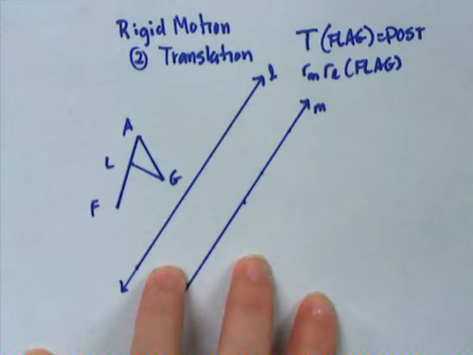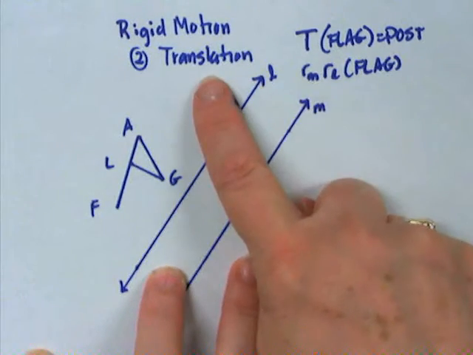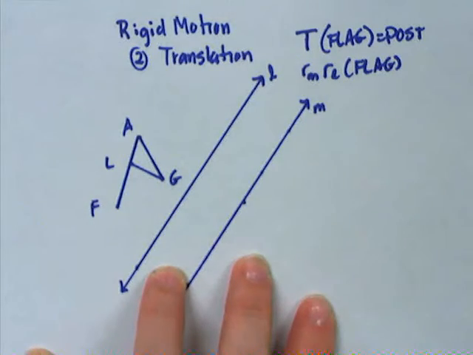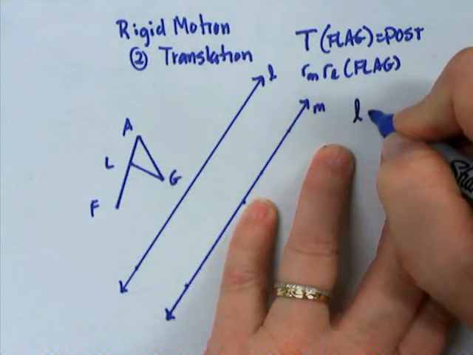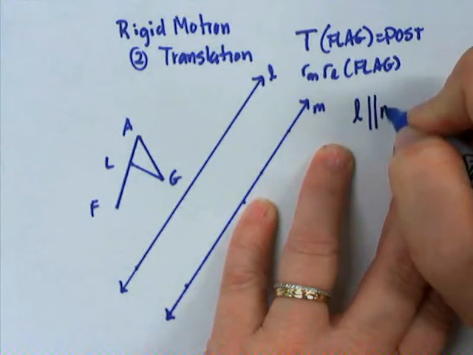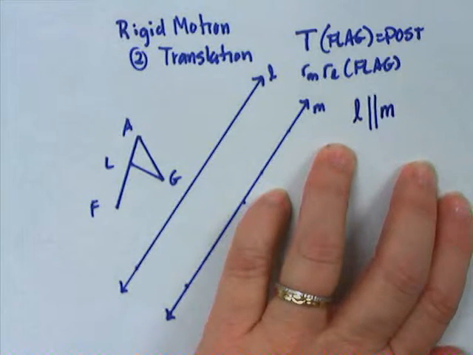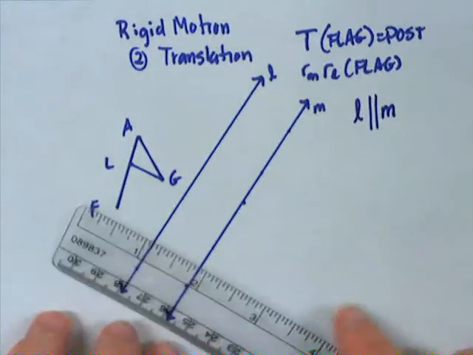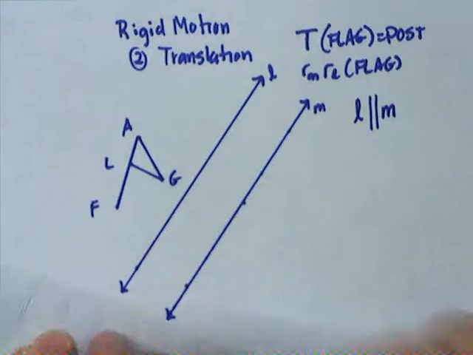I am going to have a composition of two reflections for my rigid motion called a translation. The reason it's going to end up being a slide or a translation is because the line L is parallel to the line M. The slide I'm going to end up with is going to be twice the distance between the parallel lines.